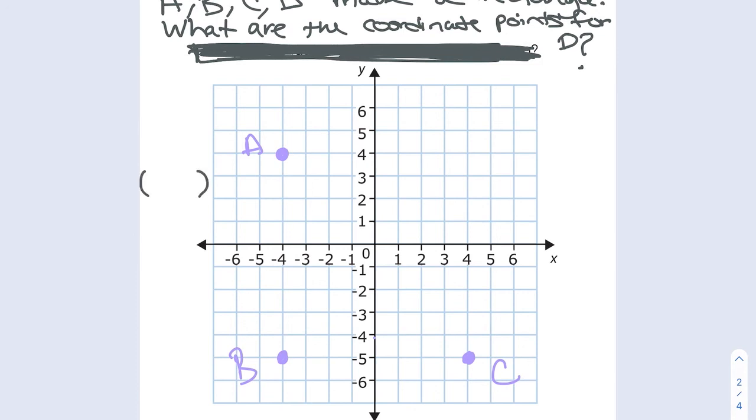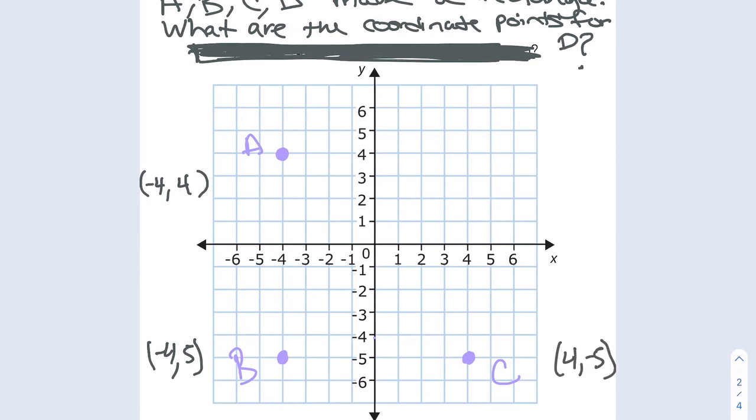So A would be (-4, 4). B would be (-4, 5). C would be (4, -5).